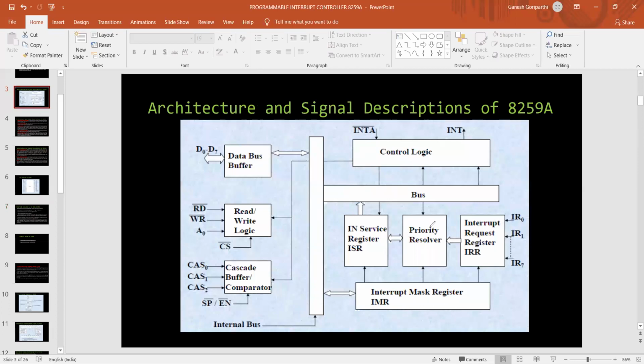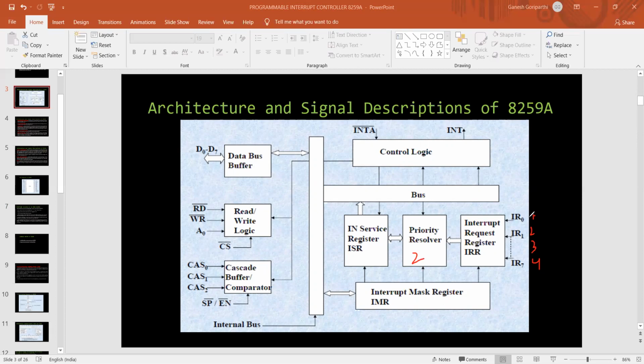Concentrate on this. Suppose that we have received four interrupt requests: 1, 2, 3, and 4. These are sent to the priority resolver, and the priority resolver decides that 2 is the highest priority request. Hope all of you are understanding.